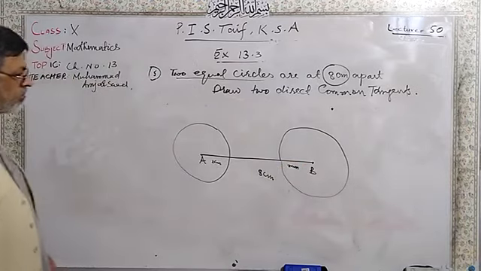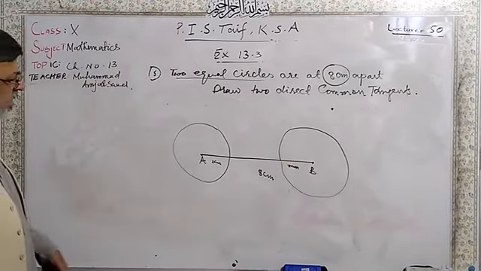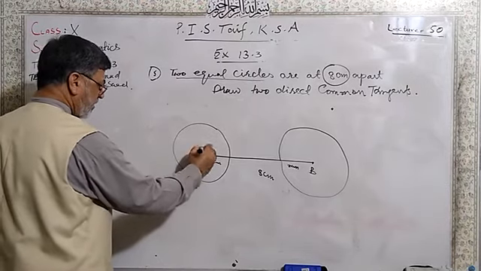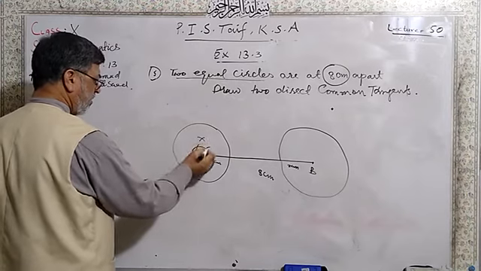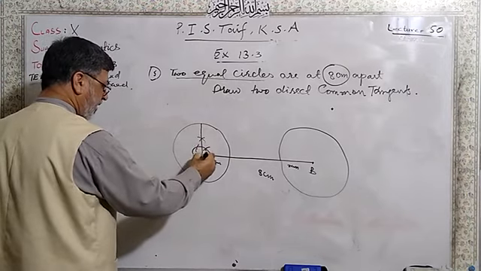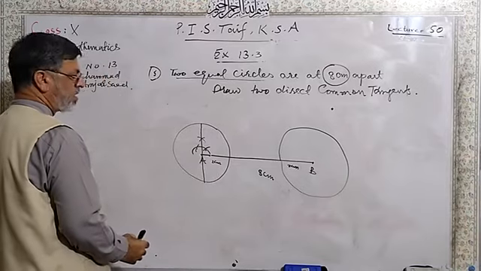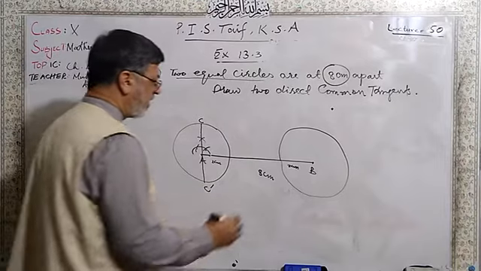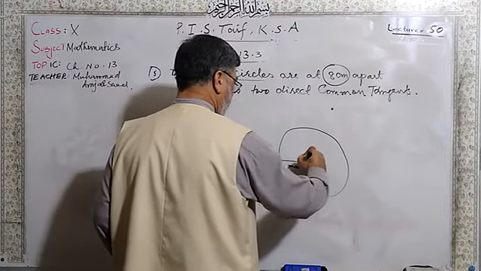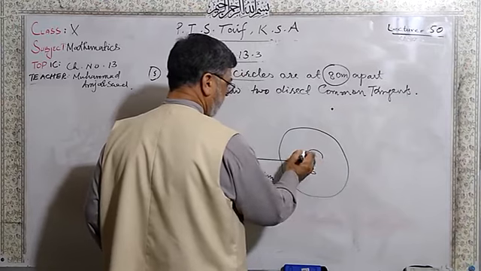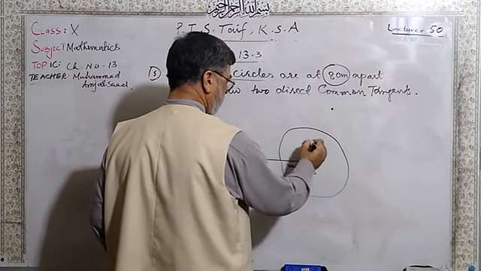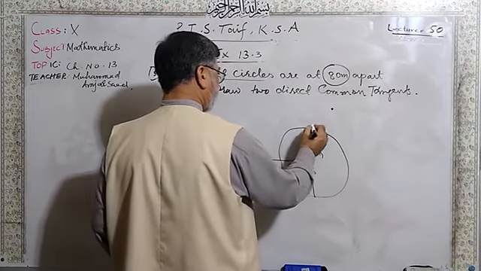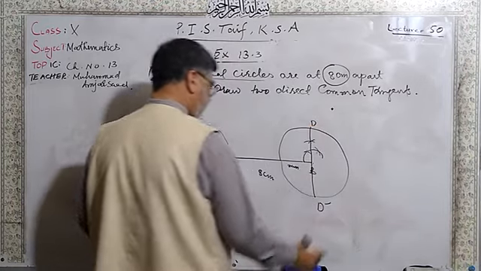Now, dear students, at point A, draw an angle of 90 degree and draw the diameter. Suppose this is C dash. At point B, draw an angle of 90 degree and draw the other diameter. Suppose it is D dash.